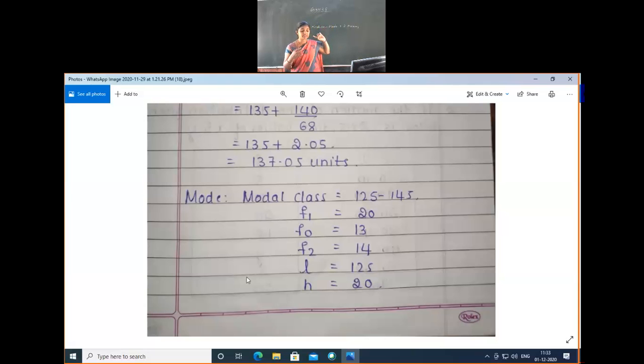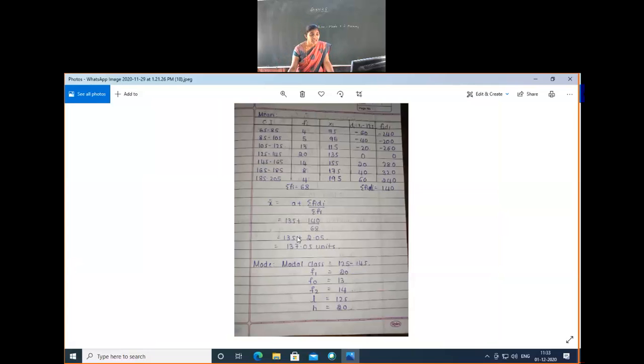So in the examination, if we are asked to find mean, median, mode at a time for the same data, mean and median you can find with the formulas, and mode you can find with this relationship also, or else you can find it with the modal class concept only. So here they have worked it out with the help of the modal class only.